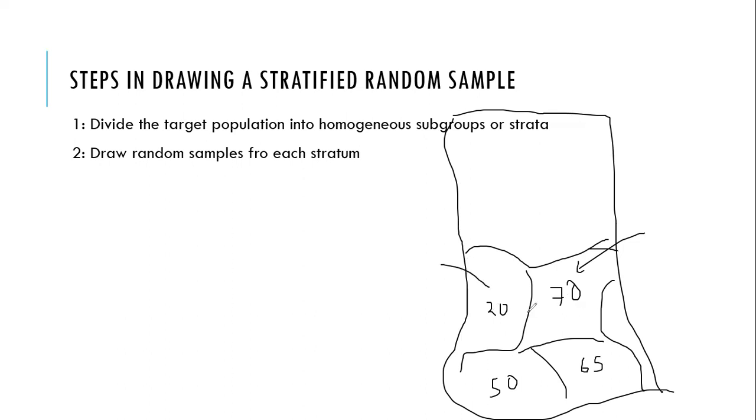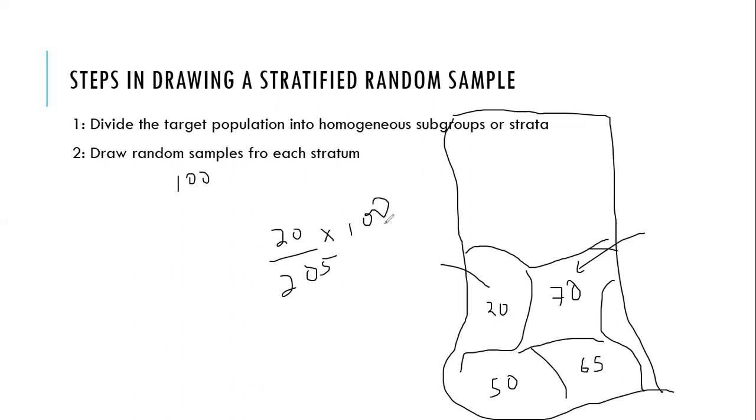So let's say in all we have 70 plus 70 plus 65. That's 140 plus this, 205, okay? So you may want to quota them: 20 over 205. If my sample size is 100, that will be 20 over 205 times 100.